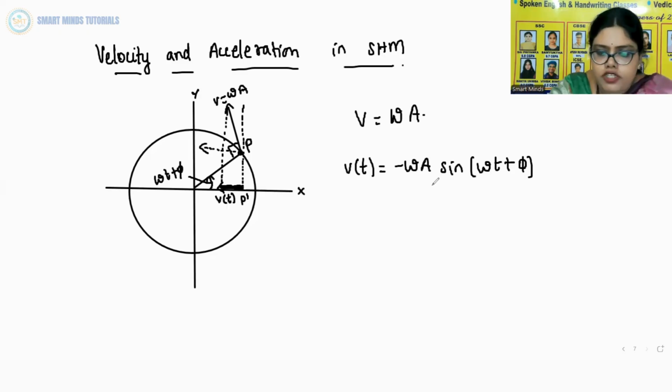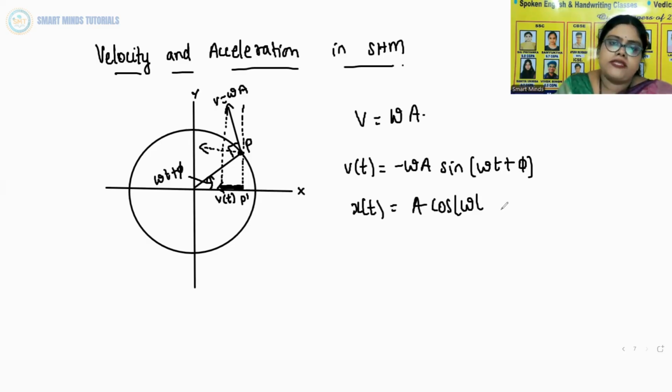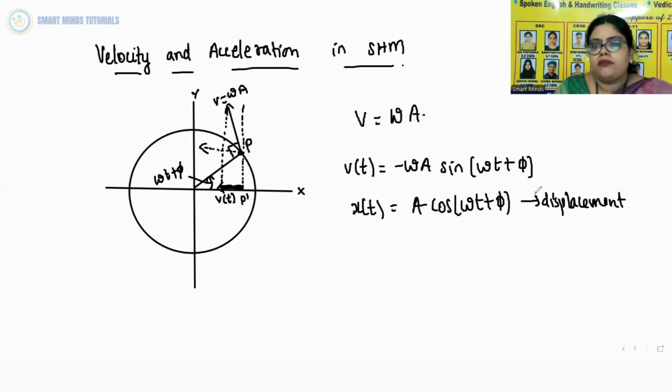This equation gives the instantaneous velocity of P dash treated as a particle executing SHM, where displacement is given by x of t equals A cos omega t plus phi. This is displacement and this is velocity.